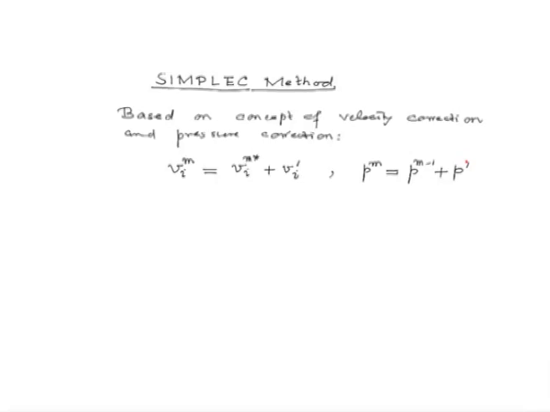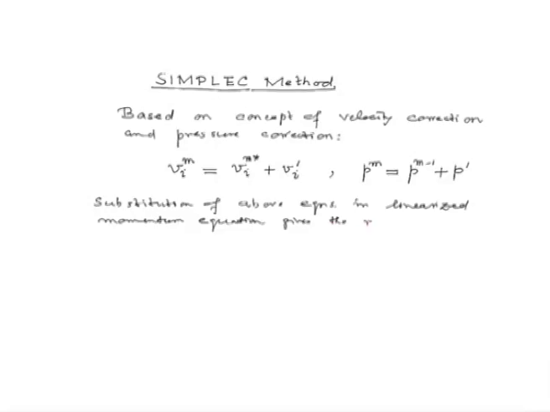Now, what was done in the SIMPLE scheme? We can do the same thing. So, substitution of the above equations in the linearized momentum equation gives that relation, which is basically a link between the velocity and pressure corrections.